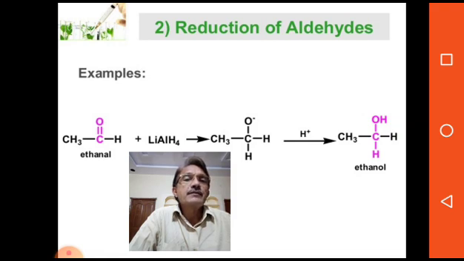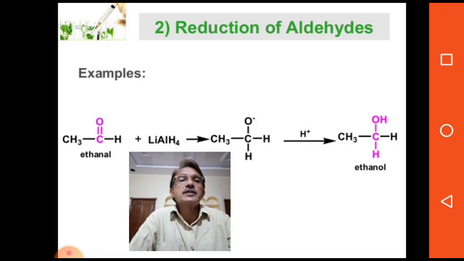It means that the aldehyde group is converted to alcoholic group. In order to convert an aldehyde group into a primary alcohol, we can make use of the process of reduction. We can use hydrogen over nickel, hydrogen over palladium, lithium aluminium hydride or sodium borohydride as reducing agents.